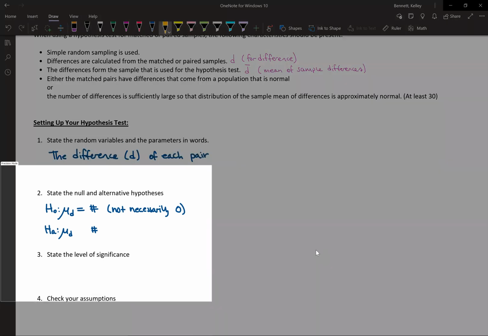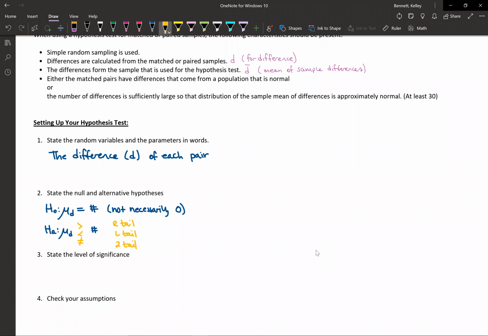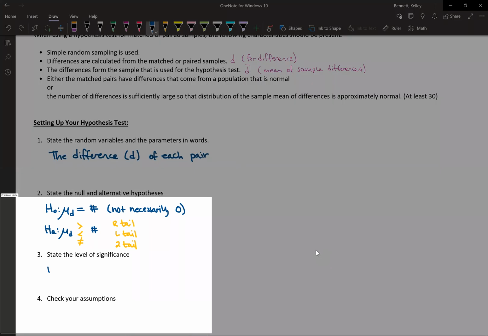It's going to be greater than, less than, or not equal to, which is going to give us right tail, left tail, or two tail. This is not new information. All right, state the level of significance. So if alpha is not specified, we'll continue to use 5%.